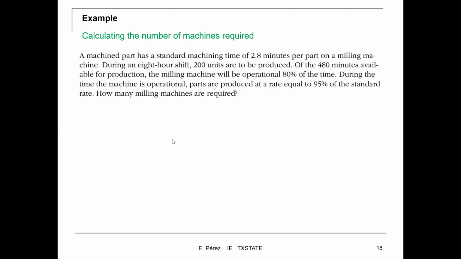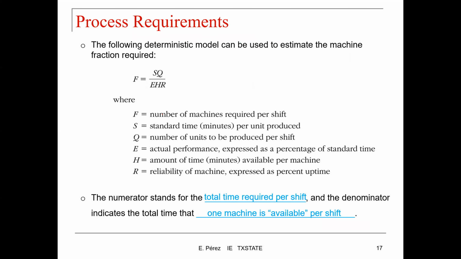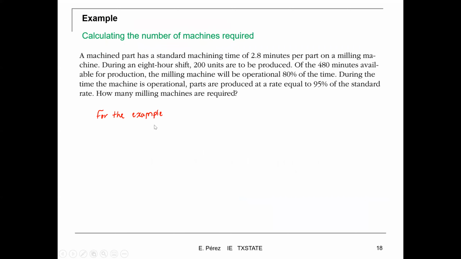So for this example, we can establish the values for the parameters needed in the formula. So going back to the formula, we have S, the standard time, Q is the number of units to be produced, E is the actual performance, H is the amount of time available per machine, and R is the reliability of the machine. So in this example, S is equal to 2.8 minutes per part.